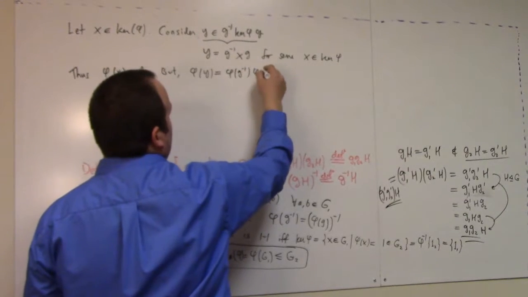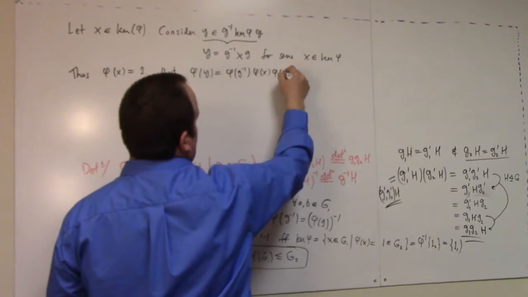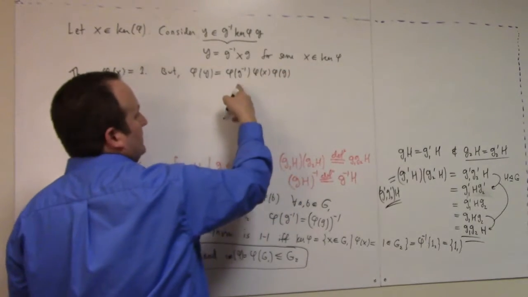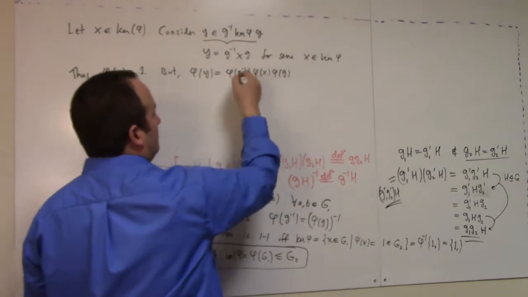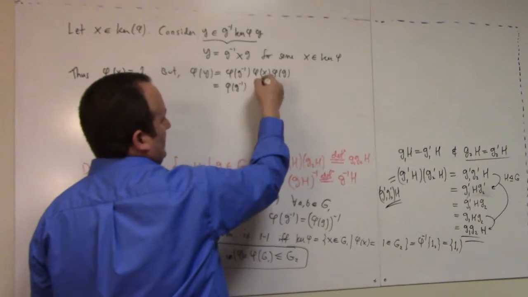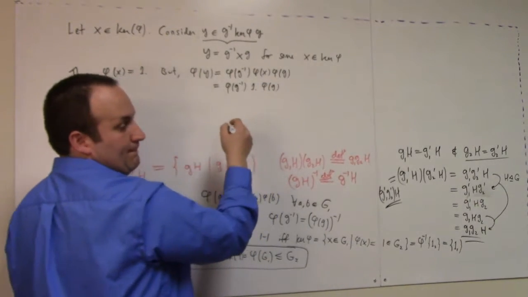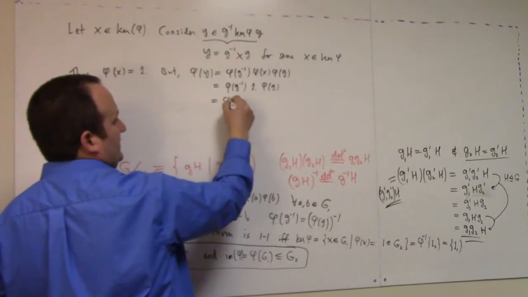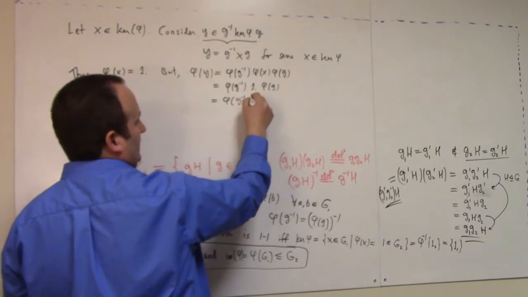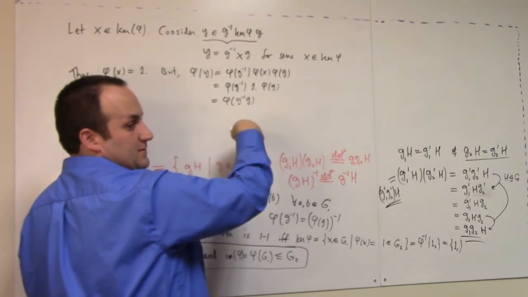I'm gonna go ahead and use the homomorphism property. Just get to it. Now, phi of x is what? It's 1, right? And so what we have then is phi of g inverse times 1 times phi of g, since 1 times phi of g is just phi of g again.